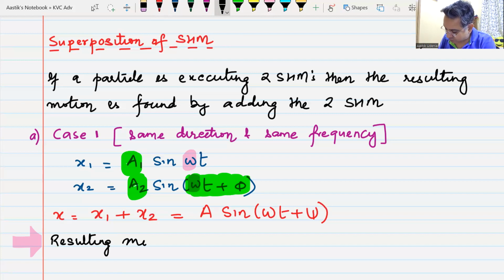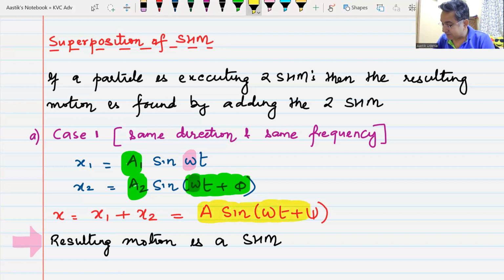So if the resulting motion is an SHM, it can be written in the form of this.